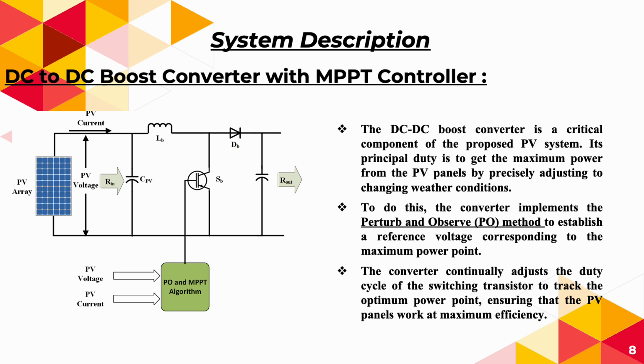The output of the PV array is given to the DC to DC boost converter, which is a combination of capacitor, inductor, diode, and an IGBT, where the IGBT is triggered by an external logic circuit known as the MPPT controller, and its output is totally based on the algorithm. For this project, I have taken the algorithm known as the perturb and observe, P&O, method to establish the reference voltage.